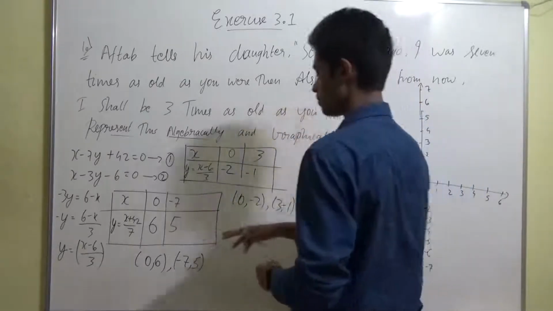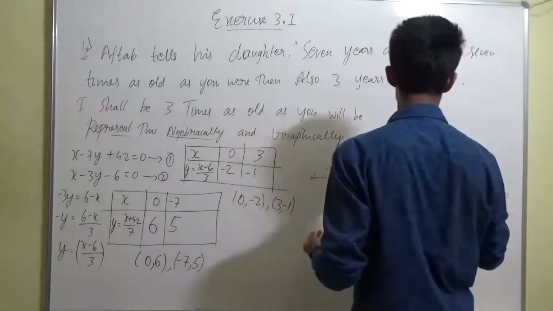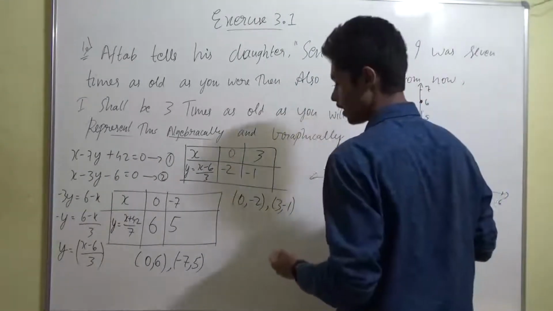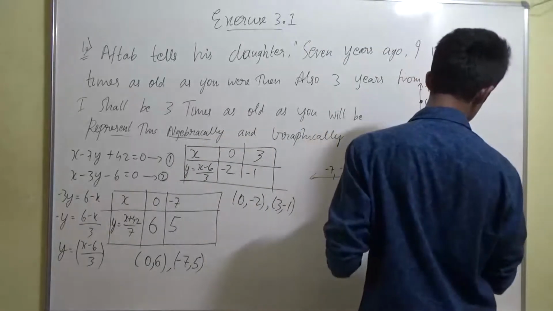Now if we plot these points, we'll get 0 comma 6. 0 comma 6 is here, and then minus 7 comma 5 is here.